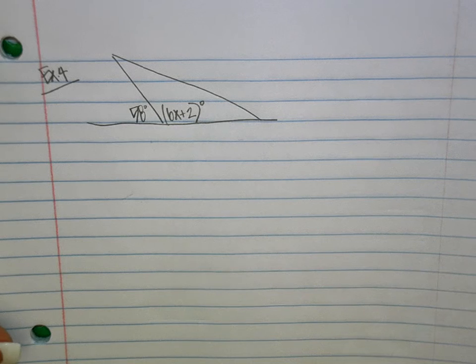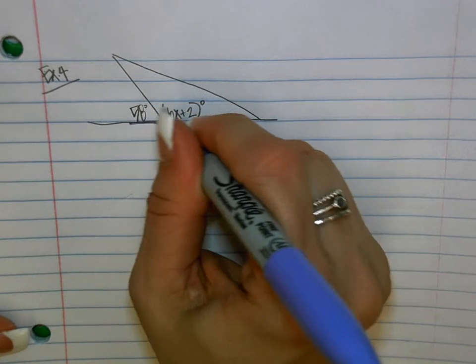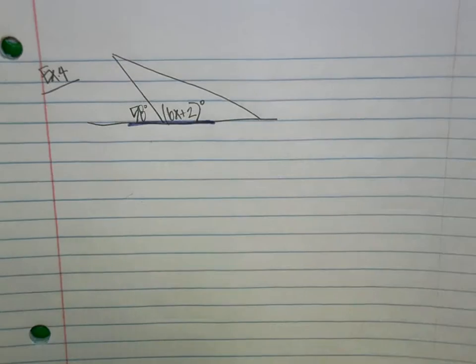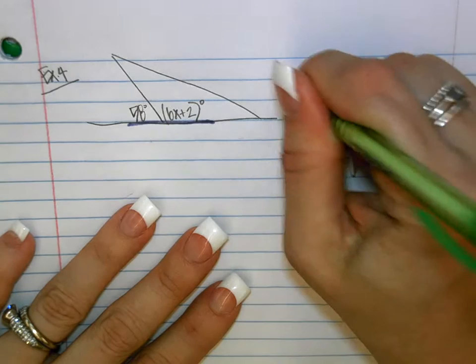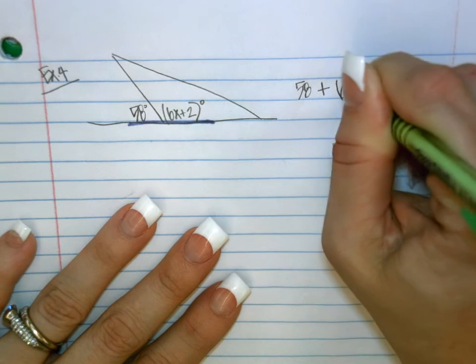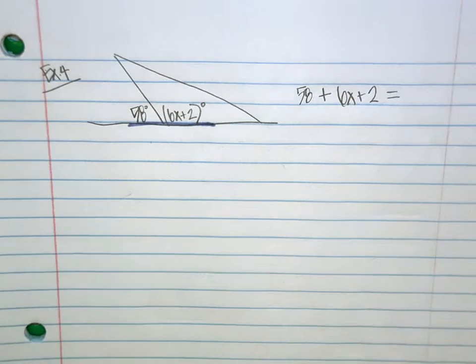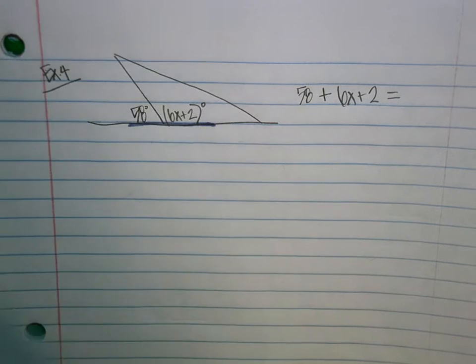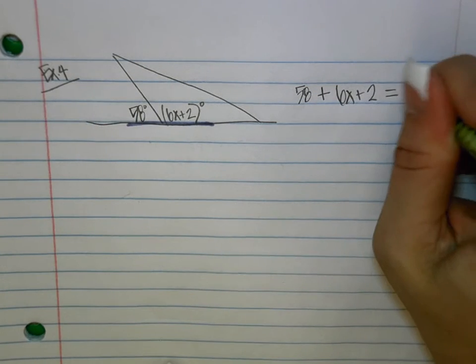Supplementary because I'm looking at a flat line relationship. Looking at that flat line, add these together, 58 plus 6x plus 2, and what will they equal? 90 or 180? 180. Okay, 180 degrees.